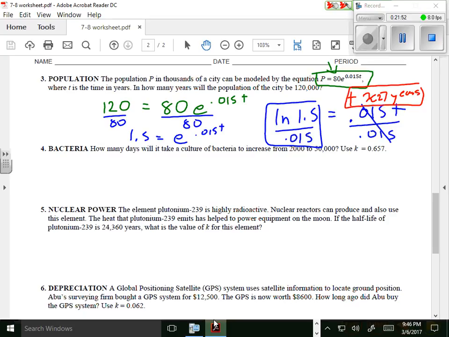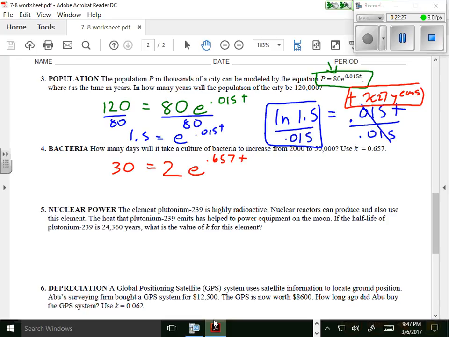Number 4, bacteria. How many days will it take for a culture of bacteria to grow from 2,000 to 50,000 if K is going to be 0.675? So if it starts out at, and we'll go in thousands, so if it starts out at 2,000 and ends at 30,000, e to the 0.657 time.